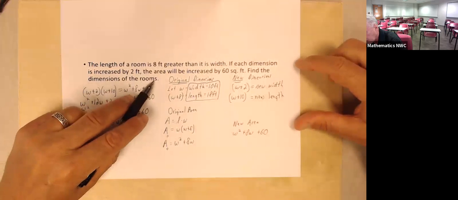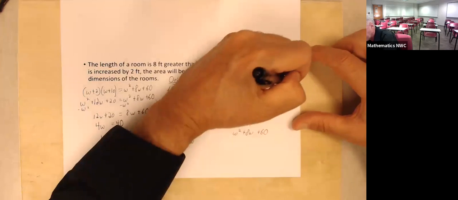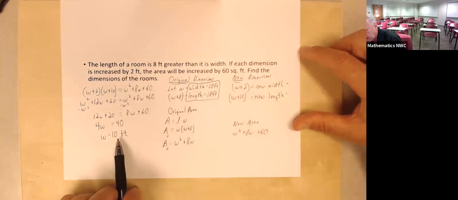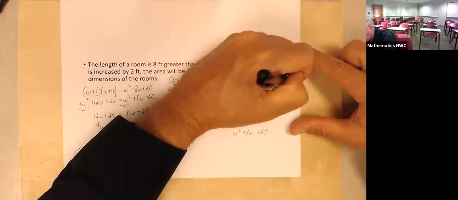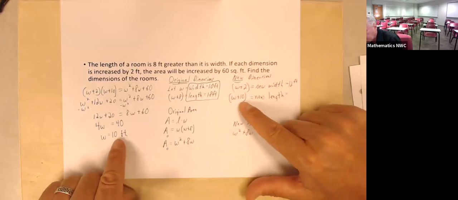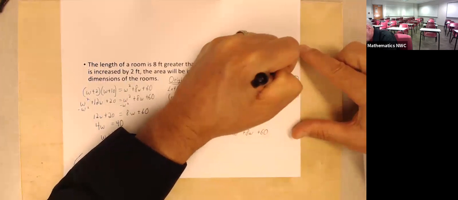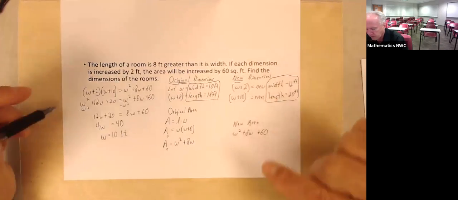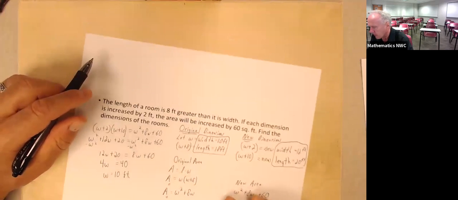They said rooms here, meaning they must want the original room dimensions and the new ones. So for the new ones, W again is 10. I have W plus 2, so that's 12 feet, and 10 plus 10 would be 20 feet. So these would be the new dimensions, and these were the original. A little more complicated because they changed those dimensions as we went through.